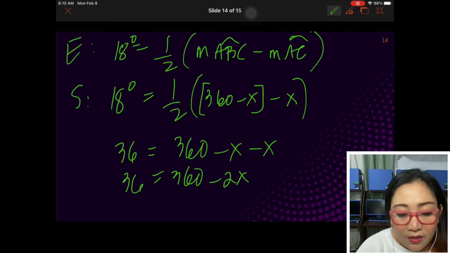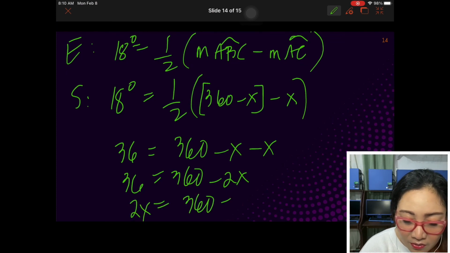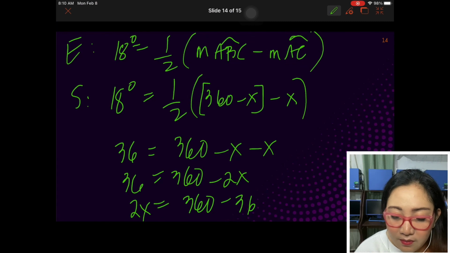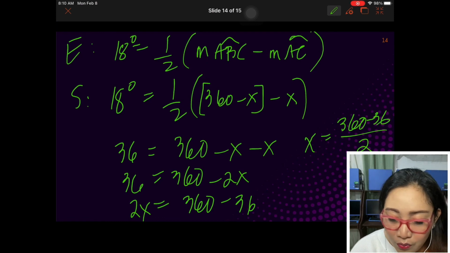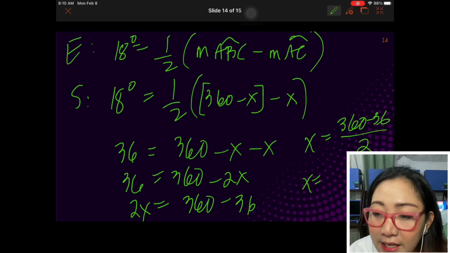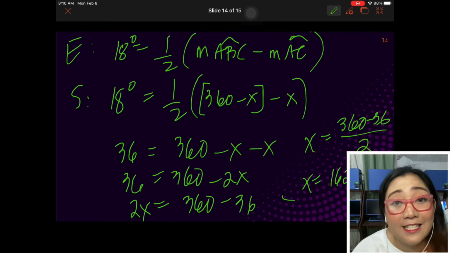And then, pagpapalitin natin si 2X at saka si 36. So, 2X is equal to 360 minus 36. X is just 360 minus 36 divided by 2. So, ano pong makukuha natin na X? Our X is now 162 degrees.